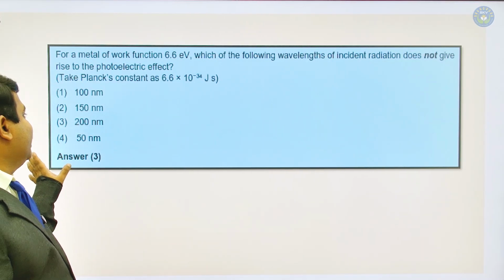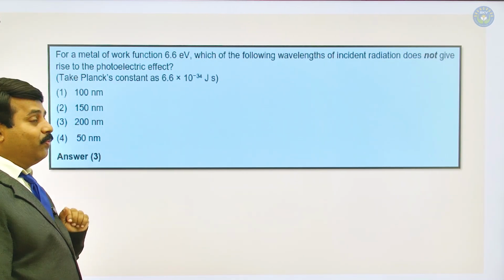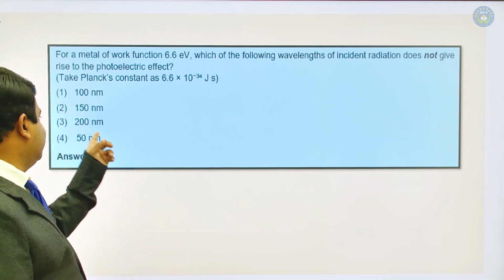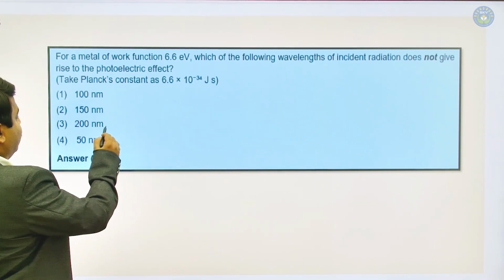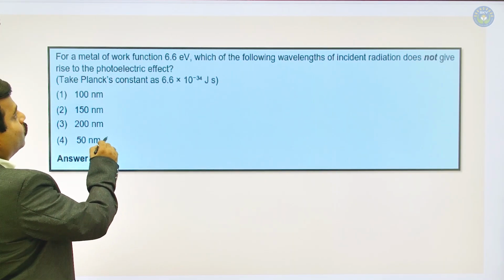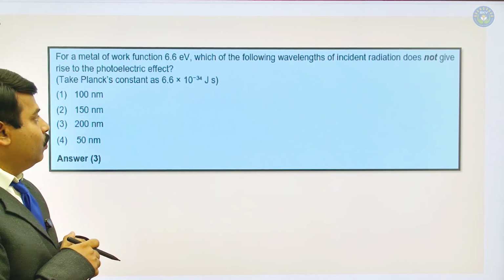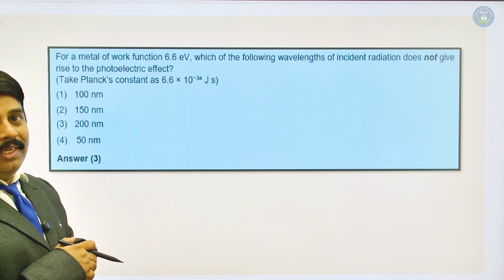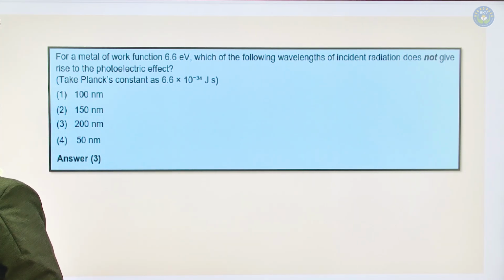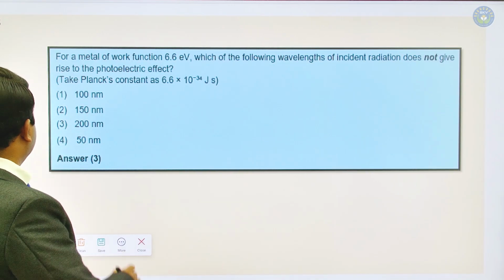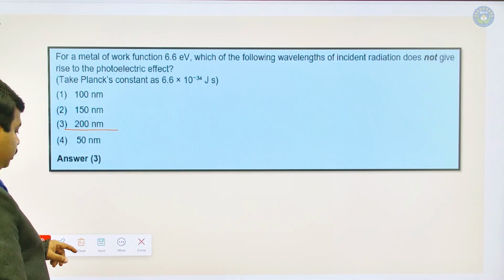Now, which has the least energy, that is the maximum wavelength? That is 200 nanometer, right? So that only will not produce a photoelectric effect, because that has the minimum energy, right? All right. So 3 is correct, right? All right.